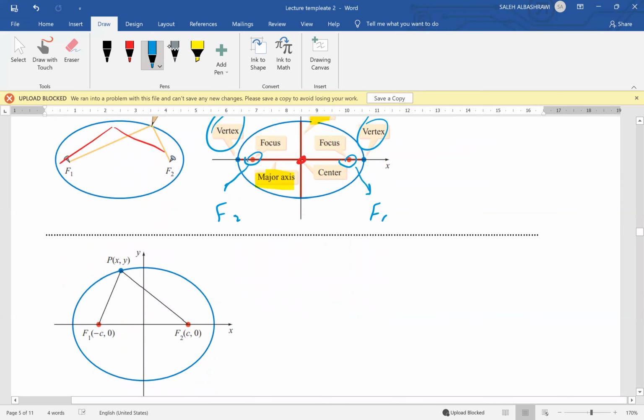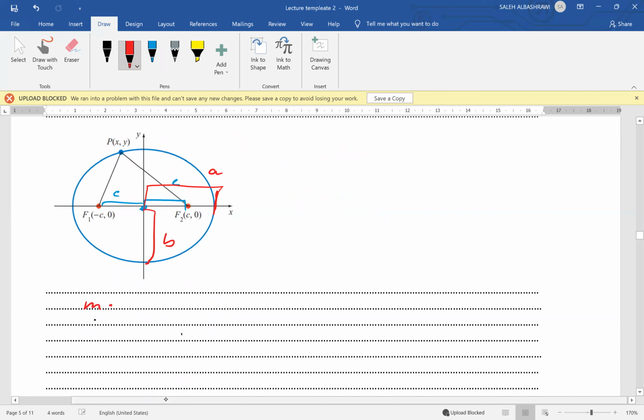The foci have coordinates. If the center is (0, 0), then the distance between the center and the focus point is denoted by C. The distance between the center and the vertex is A. The half distance of the minor axis is B. So the major axis is equal to 2A, and the minor axis is equal to 2B.